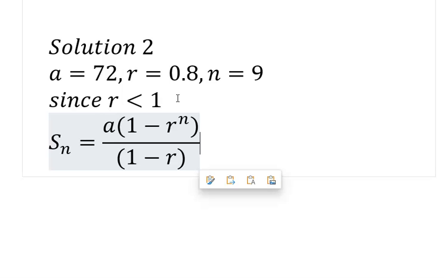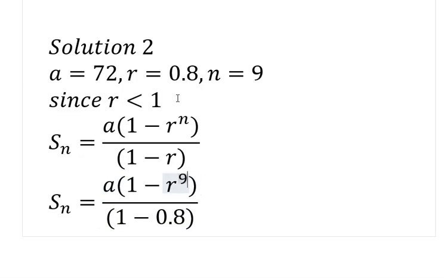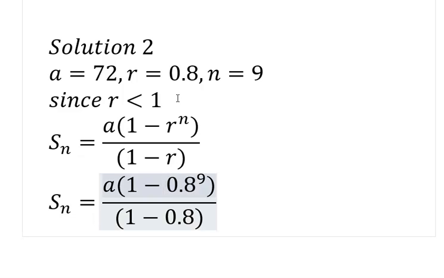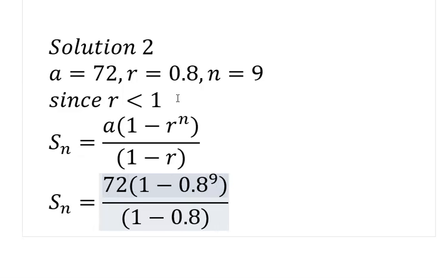Awesome. So let's input our parameters. We have our R to be 0.8, our N to be 9, our R to be 0.8, and our first term to be 72. So that means we have successfully input all our parameters into our formula.